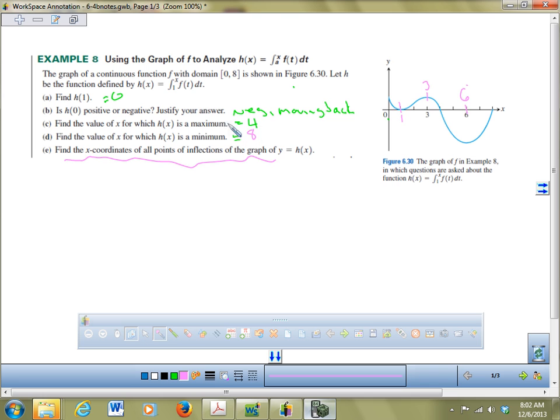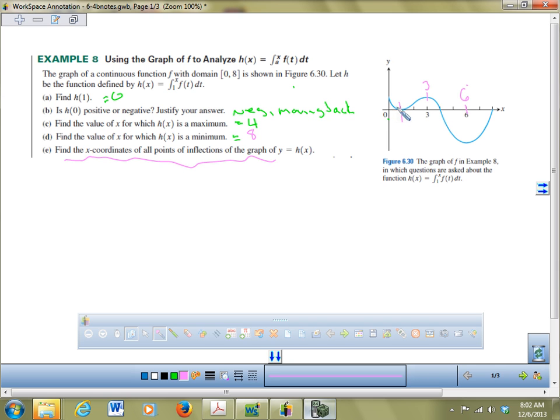So in other words, you're trying to figure out where the slope of the derivative is changing directions. So here it's decreasing. The derivative is still positive, but it's becoming less positive, right?